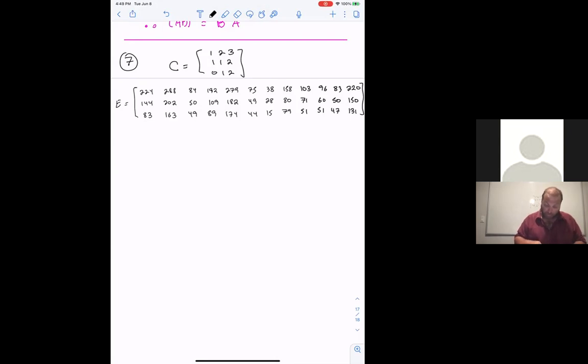Now, of course, we go left to right. 288, 84, 192, 279, 75, 38, 158, 103, 96, 83, 220.